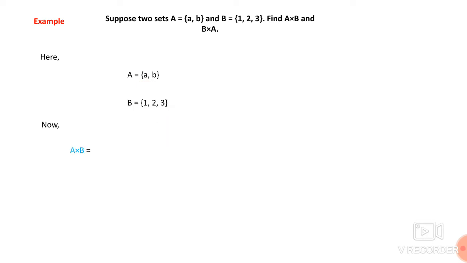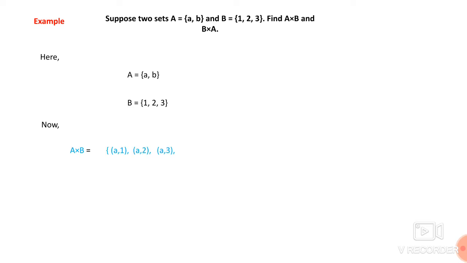We are finding A cross B. It means we are going to make the pairs of elements of set A with the elements of set B. It means we will make a pair of a with 1, a with 2, a with 3. Then b with 1, b with 2, b with 3.